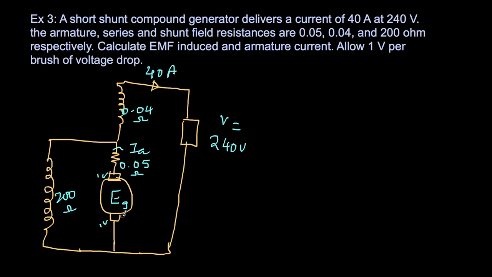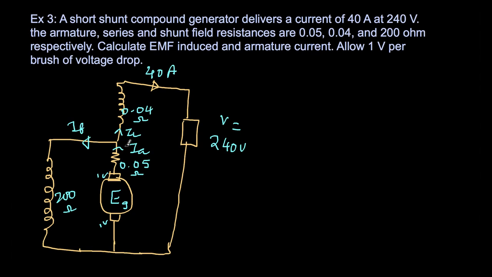Ultimately, solving this kind of problem is nothing but very basic DC network solutions. In order to find armature current IA, I need the field current IF, and the load current is given. But in order to find the field current, I need to know the field voltage.